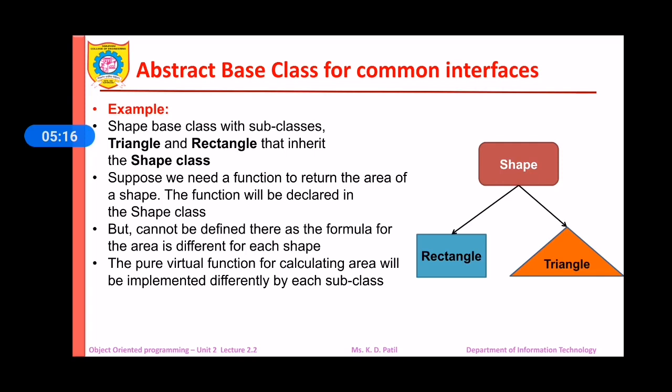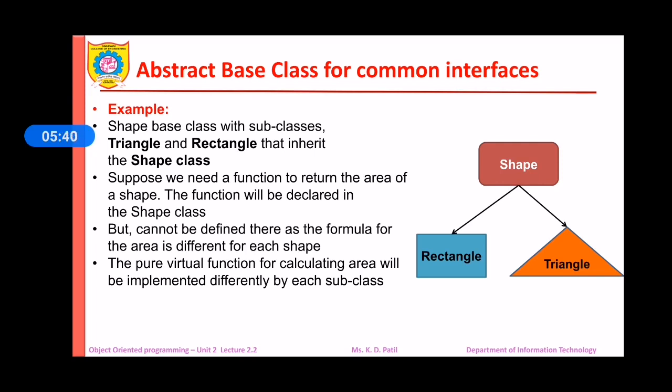So the Rectangle and Triangle classes will inherit that functionality, but they will implement the formula in their own method by using their own definition. So the pure virtual function will be used to calculate the area, and it will be implemented differently by each subclass.